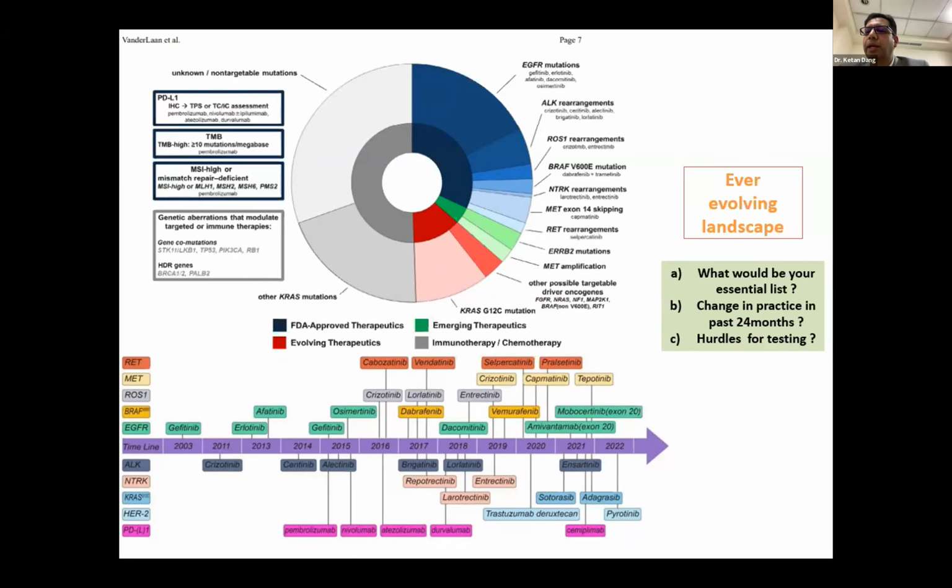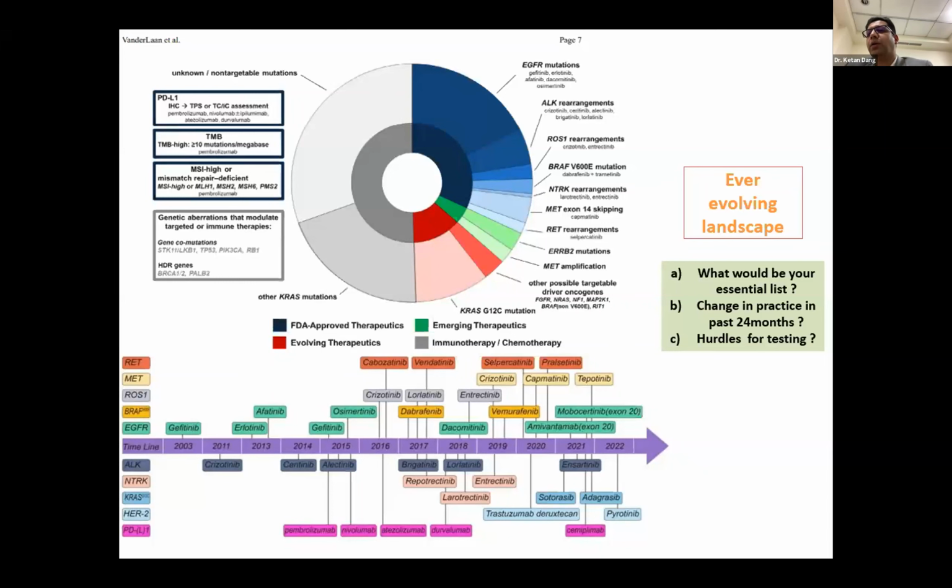This is a busy slide where you can see the various mutations in lung cancer shown above in the pie diagram, starting from EGFR, ALK, ROS1 to the newly discovered ones like NTRK, MET, KRAS, and others. On the left-hand side, you can see the importance of PDL1, tumor mutation burden, and MSI testing.